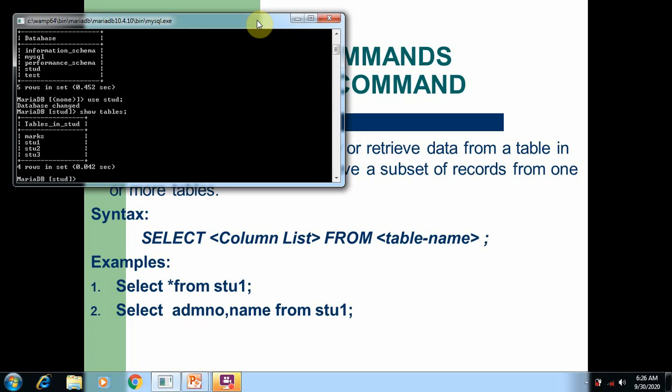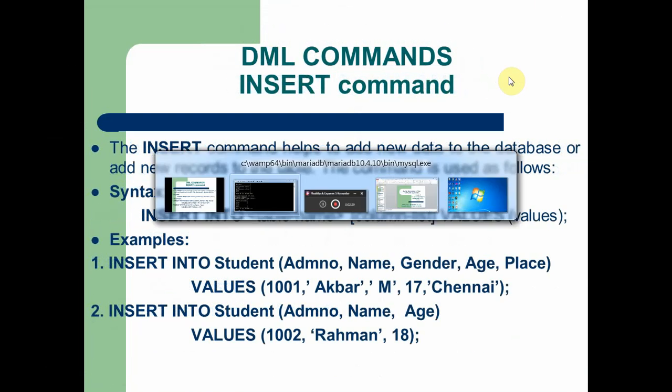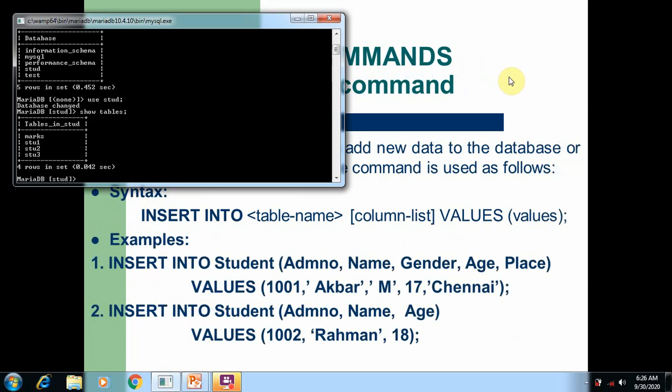Now we are going to see how to use the insert command to insert data into the tables. First, open the table by using a command called select asterisk from table name. Select asterisk from table name.